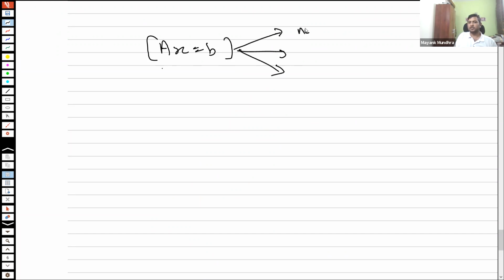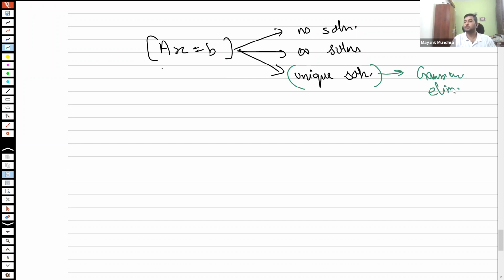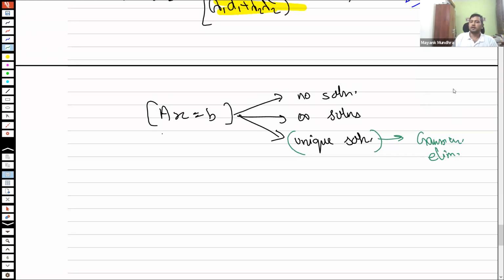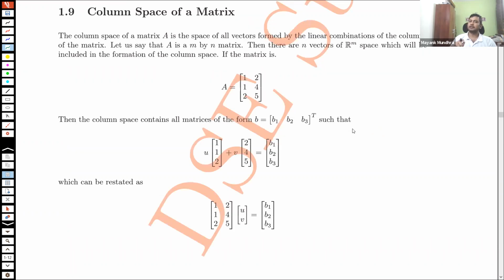You can get no solution, you can get infinite solutions, or you can get a unique solution. In the first lecture, we focused on getting a unique solution and we looked at Gaussian elimination. We saw how to solve this unique solution case. We left the no solutions and infinite solutions bit at that point of time. So now subspaces and our knowledge thereof are going to help us find it.